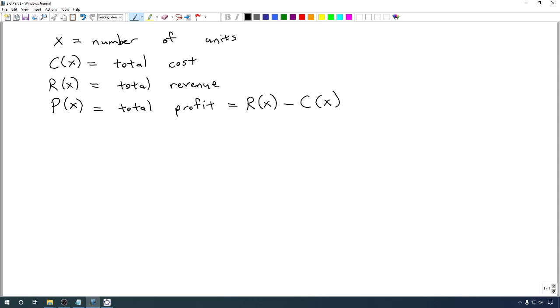When we're working with these functions, we have another name for our derivatives. The derivative of the costs is referred to as the marginal costs. The derivative of the revenue is the marginal revenue.